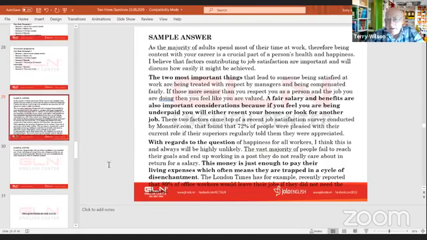And then the second body paragraph. Notice again how it's linked with regard to the question of happiness for all workers. And this paragraph also gives a real life example from the London Times newspaper.